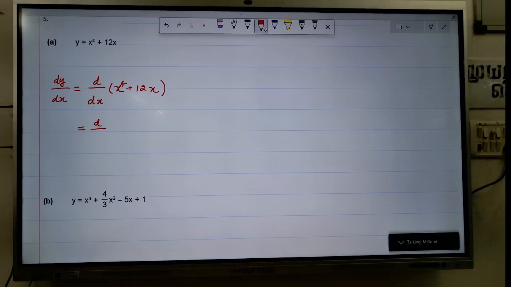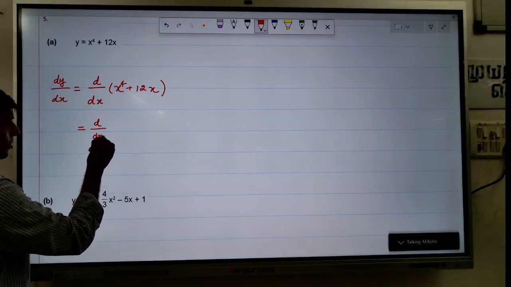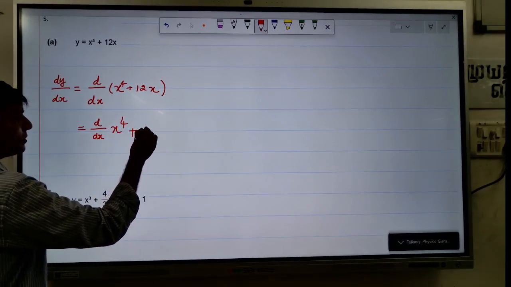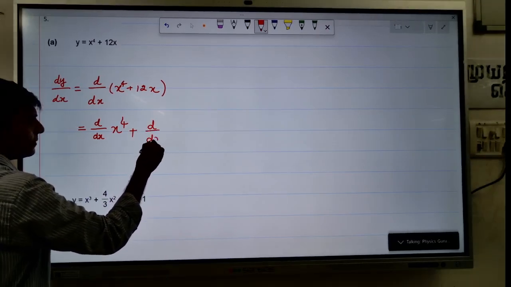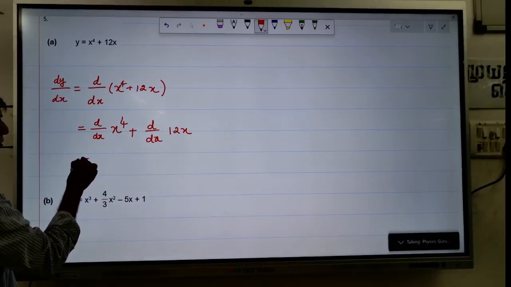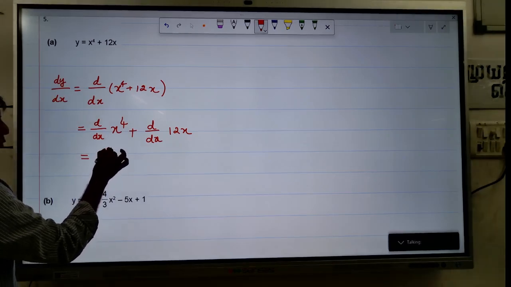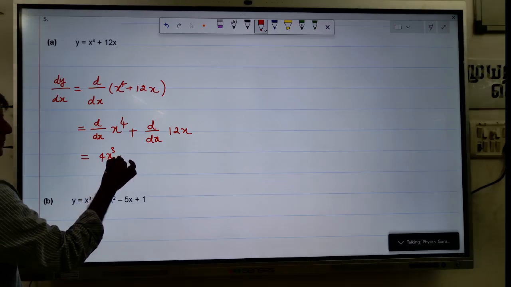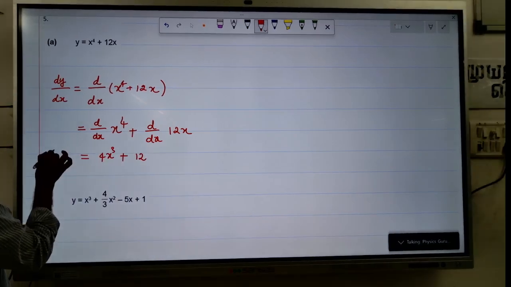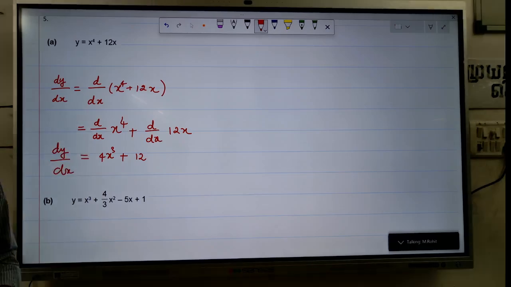Yes, sir. d by dx of x to the power 4 plus d by dx of 12x. Very good. So go step by step. So this turns out to be 4x cubed, plus 12. Very good. Children, have you all got the answer?